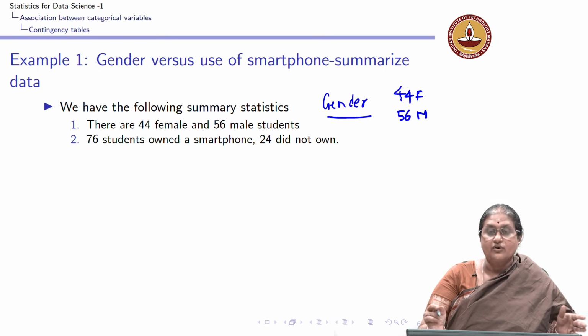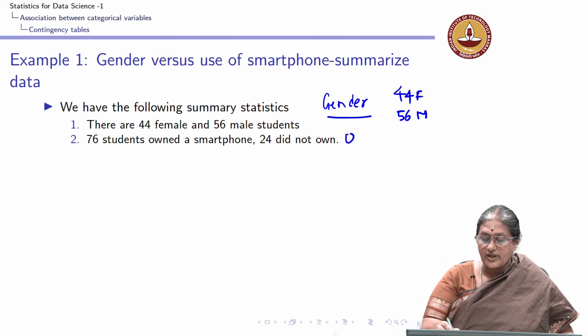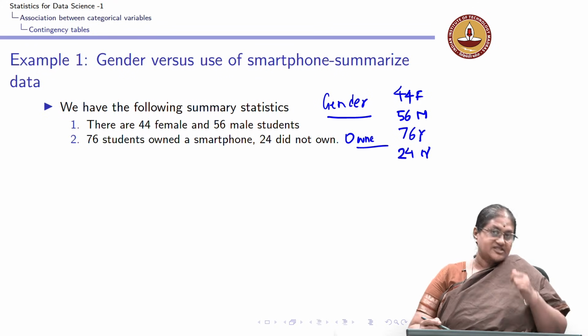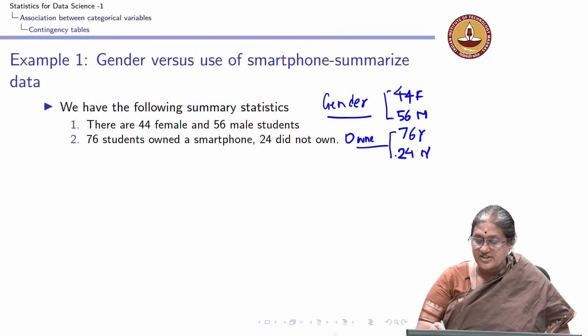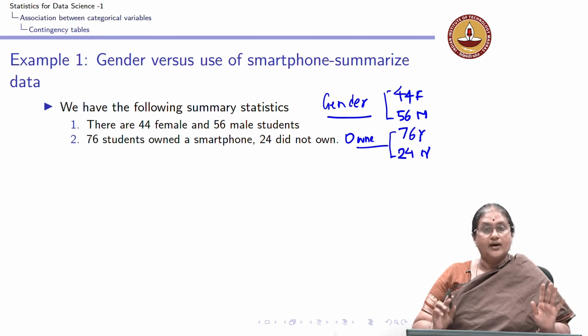We saw that we could summarize it using a bar chart. Again, for owning a smartphone or not, ownership yes or no, I have 76 yes and 24 no. Both of these take two values, and 44 plus 56 add up to 100, 76 plus 24 add up to 100.